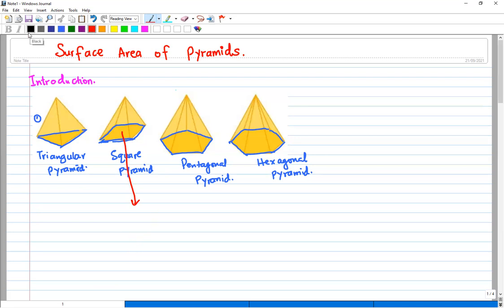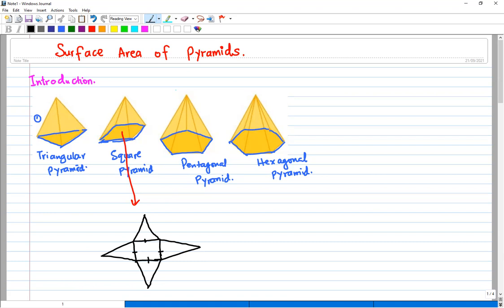Its net will be a square, where all sides are equal, then a triangle here, a triangle here, a triangle here, and another triangle here. These triangles have the same height, the slant height.